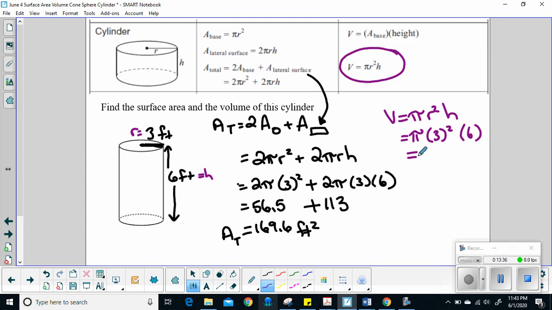So pi times 3 squared times 6 gives me 169.6. Feet cubed. Okay, so just FYI, I know my numbers both look the same. It's only because I did a radius and the height was doubled. So that's just a fluke. Please don't assume that that's the way it always is.